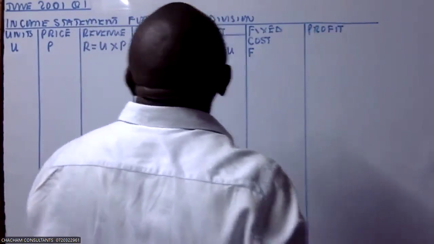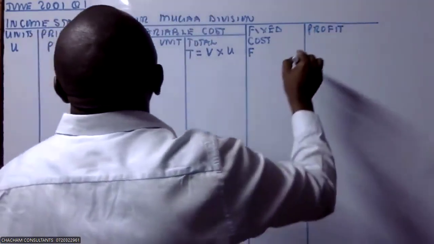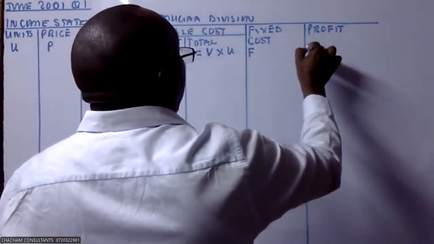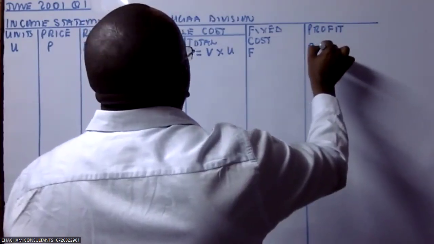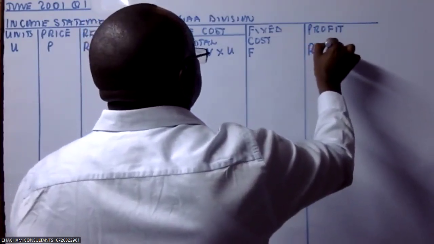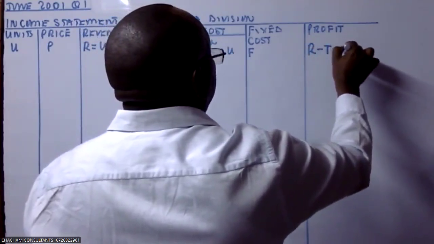The profit is equal to R minus T minus F.